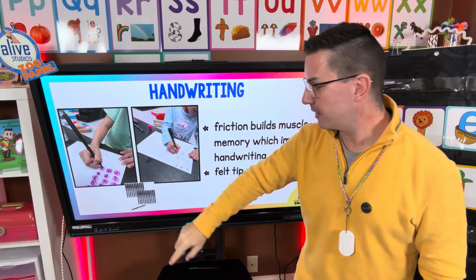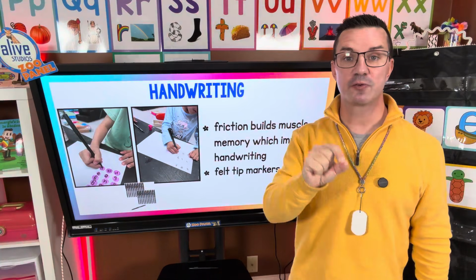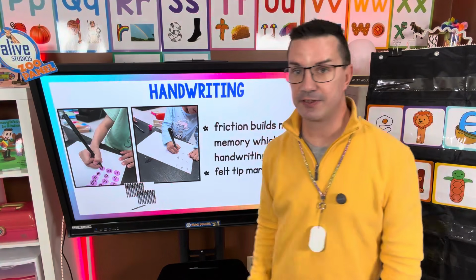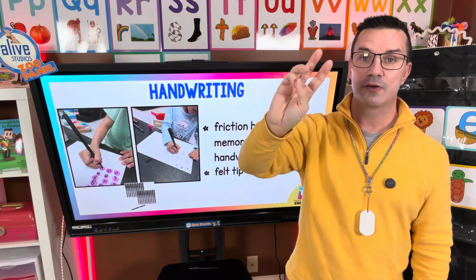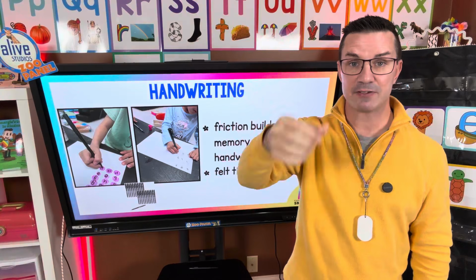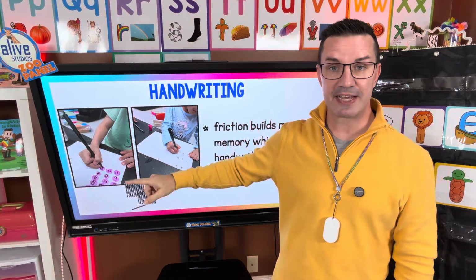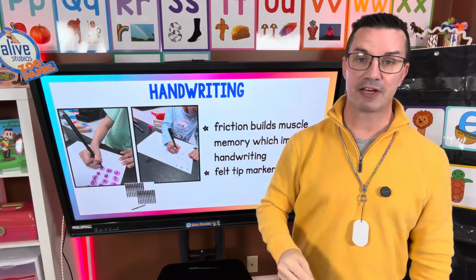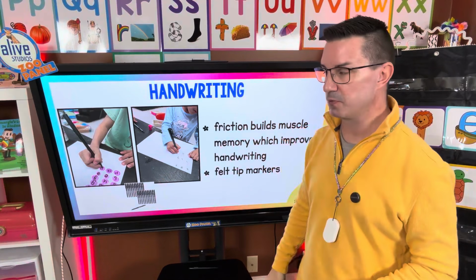And then they're using their felt tip markers to map the sounds, to spell the sounds into the circles. So we're going to say the word, we're going to segment the sounds. They're going to map the sounds, b, e, g, with there being a marker. Then they're going to spell the sounds, and then we're going to decode the word. Because we're using that felt tip marker, they've got the friction, so we're focused on the handwriting, but we're also getting a lot of phonics work in there, right?